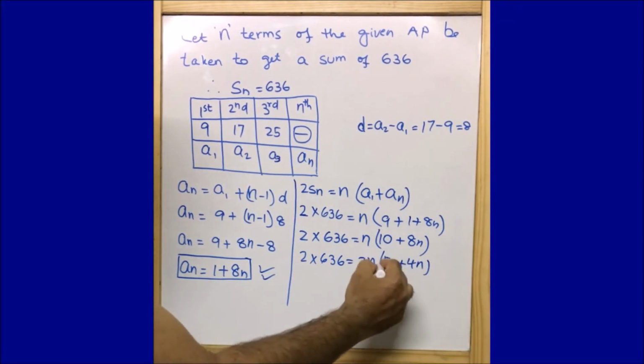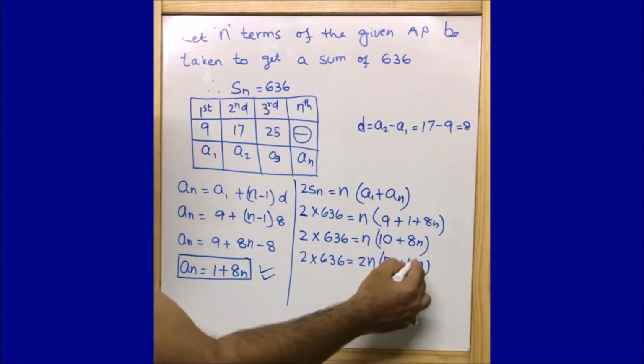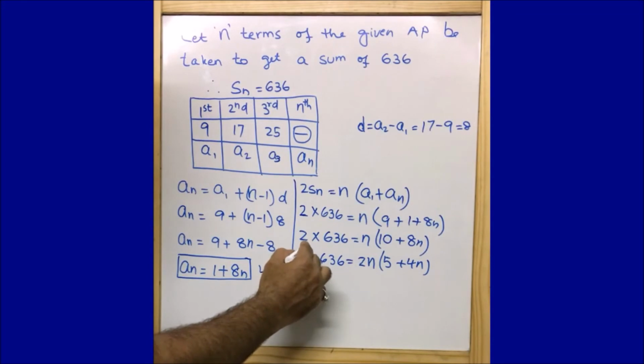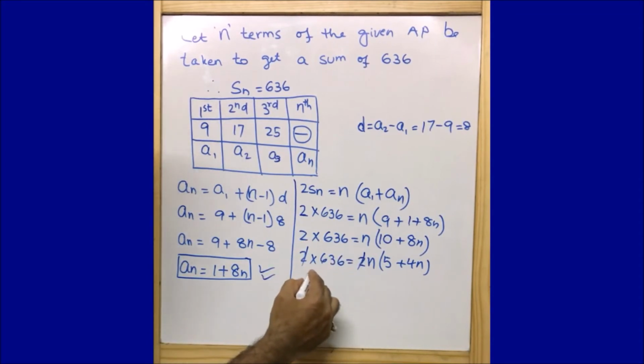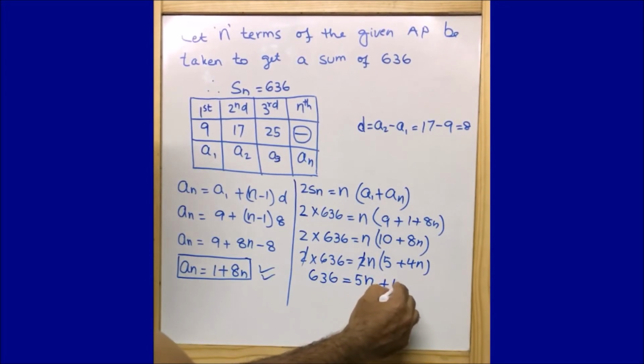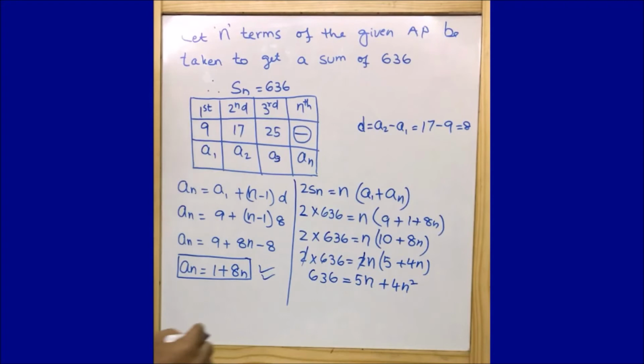I believe you understand, like 2 into 5 is 10, 2 into 4 is 8. So this 2 and this 2 will cancel off, so I can write 636 is equal to 5n plus 4n square. It looks like, guys, we are going to get a quadratic equation.